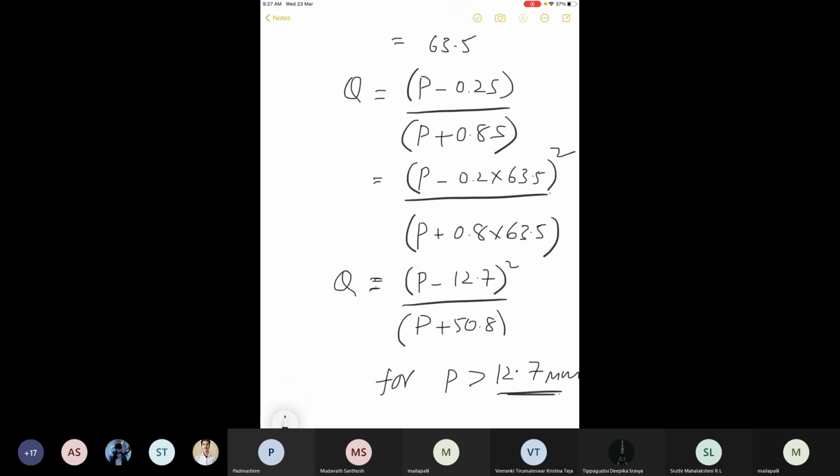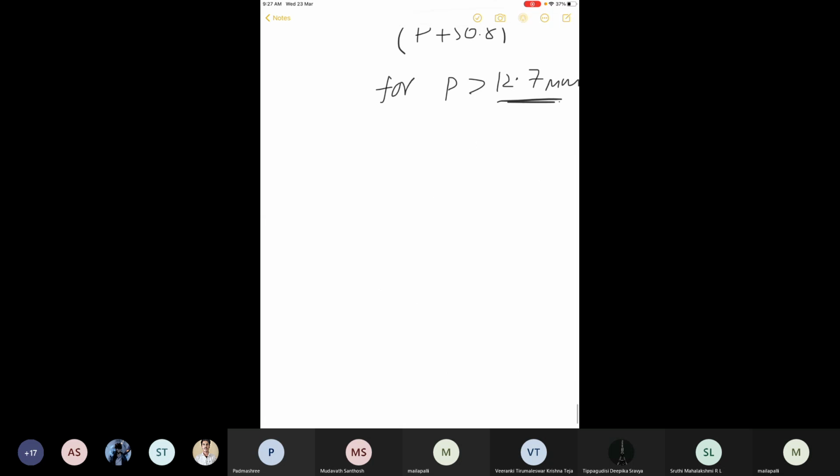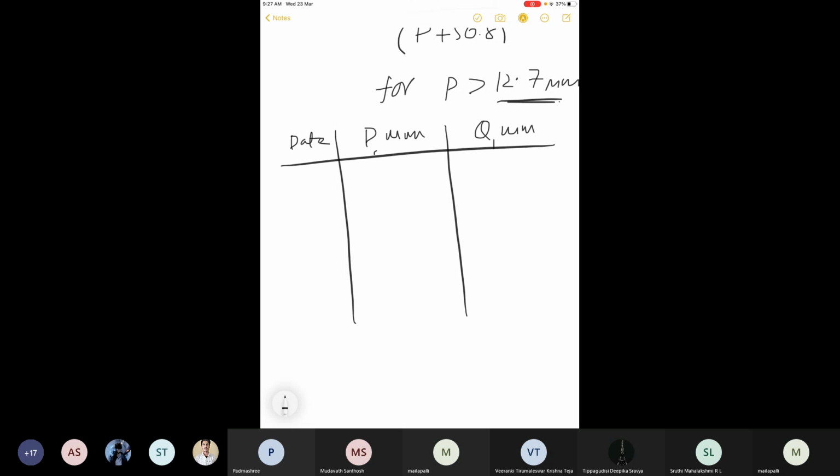Okay, so we repeat the same steps, the same table for different days. Let's say the date, P in mm, and you get Q, also in mm. Let's say this is July 1, precipitation 50, which is greater than 12.7, so you get 13.8.